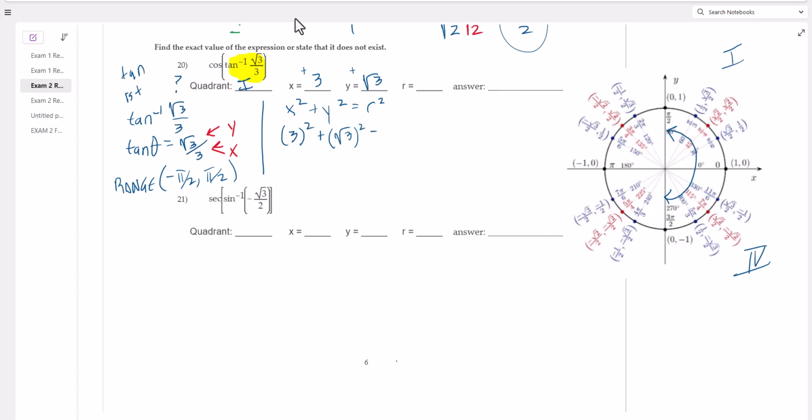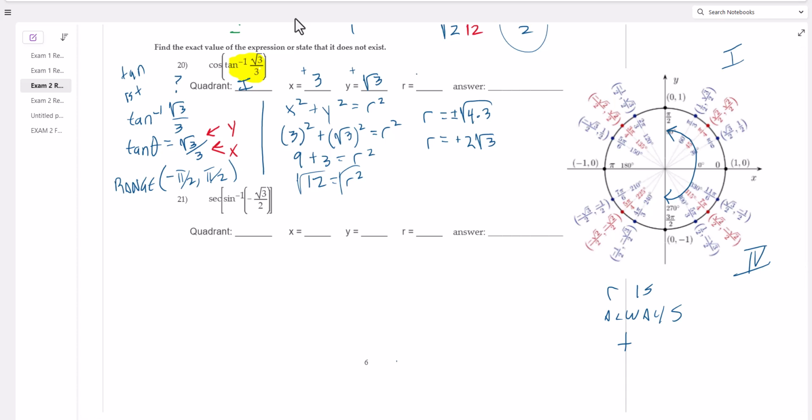That's going to be 9 plus 3 equals r squared. That'll be 12 equals r squared. Then we take the square root of both sides. We're going to get r equals plus or minus, and I'm going to break this up into 4 times 3. Now the thing is, r is always positive. That's another important basic thing to remember. So that means you're going to get r equals positive 2 times the square root of 3.